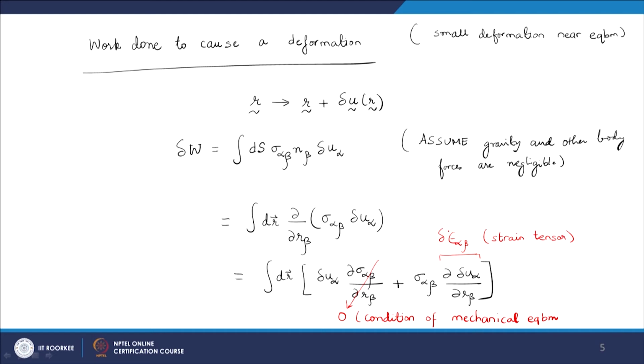And then again for the case of a small volume around the material point, we can drop the integration, or if the deformation is uniform, we can simply multiply that with the volume, and essentially what we do get is something like this.